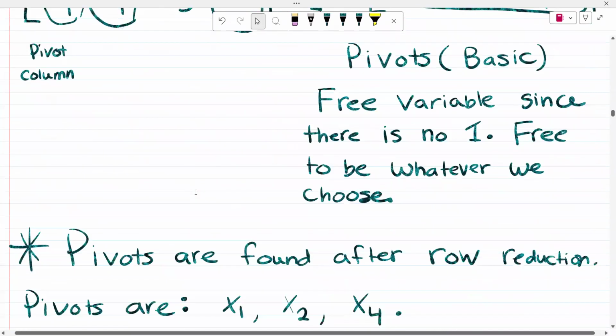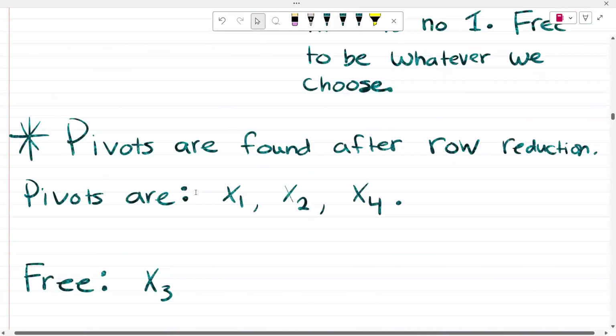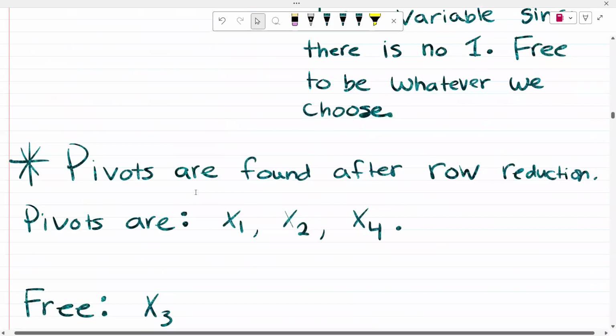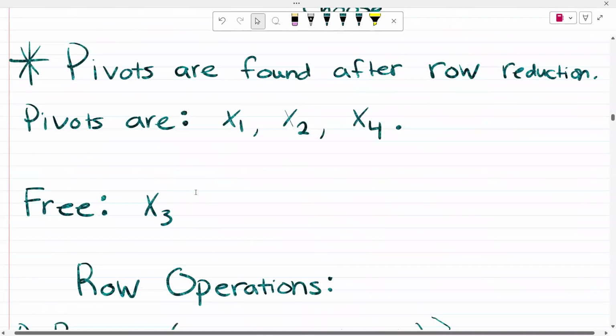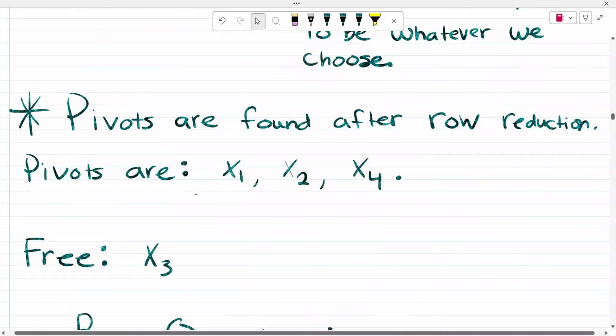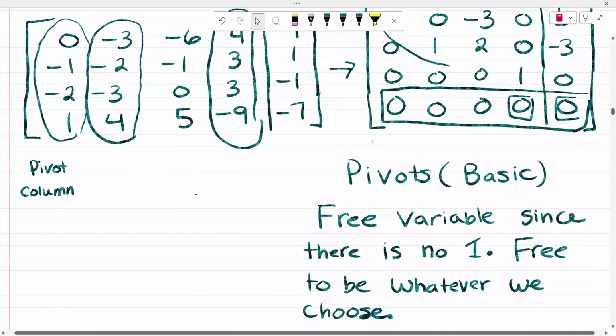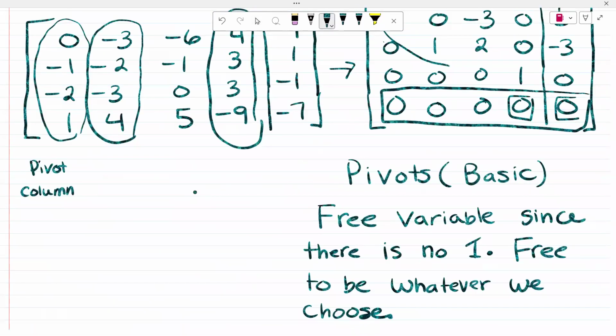So pivots are found after row reduction, after you do your reduced row echelon form or Gauss-Jordan elimination, and pivots are like x1, x2, x4. So these are all pivot columns. This whole thing's a pivot column. This whole thing's a pivot column.